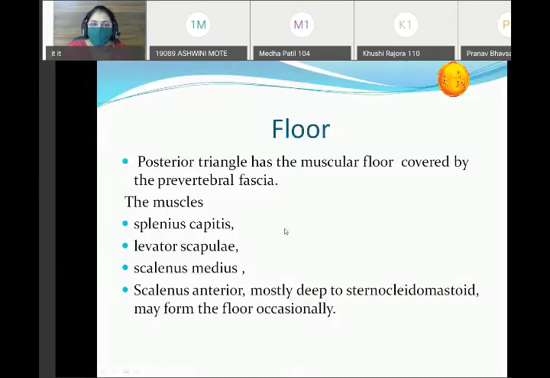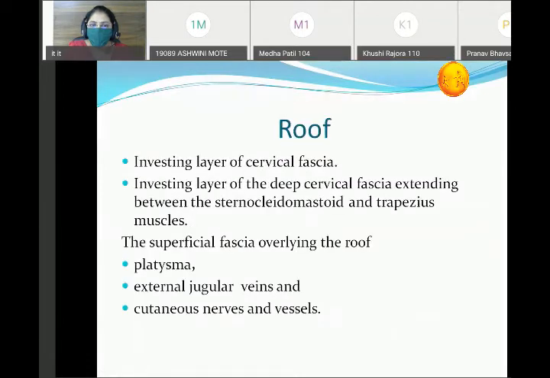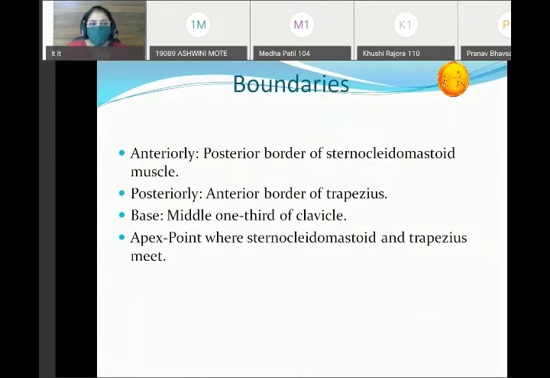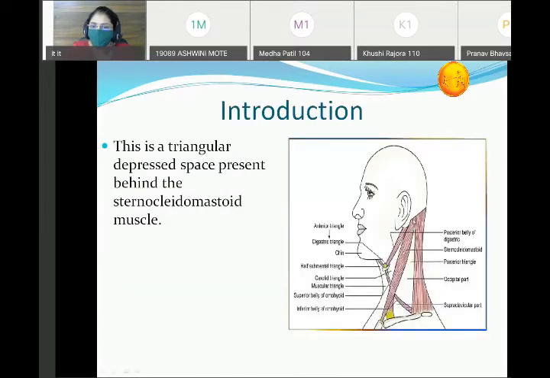So I'll revise all the boundaries first. Okay, then we'll go to content. See, anteriorly, the posterior border of the sternocleidomastoid. Posteriorly, the anterior border of the trapezius, and the base of this triangle is formed by the middle third of the clavicle.